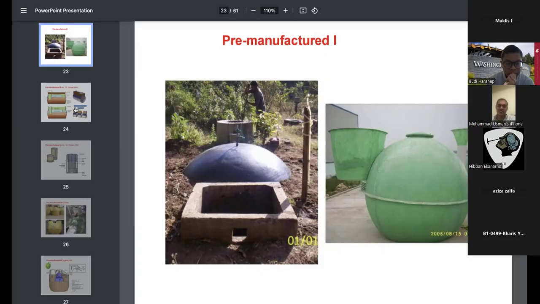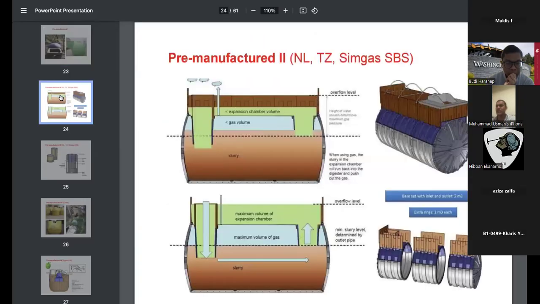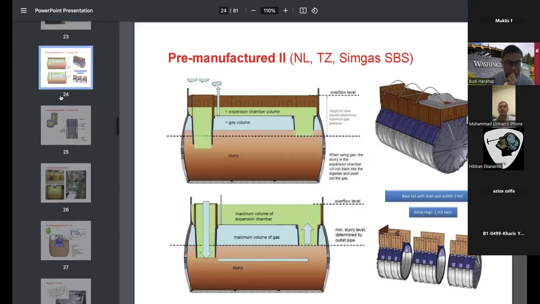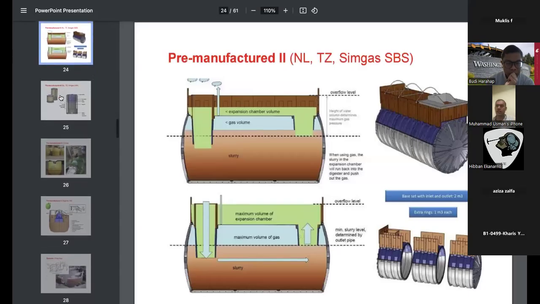And it was interesting to know that they are developing this biogas plant by using plastic waste instead of using fresh plastic.